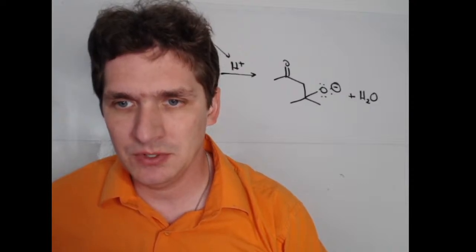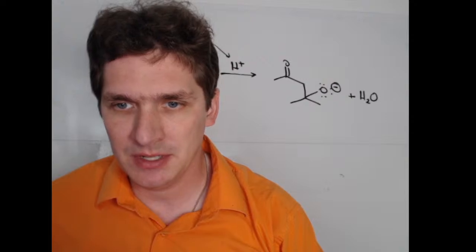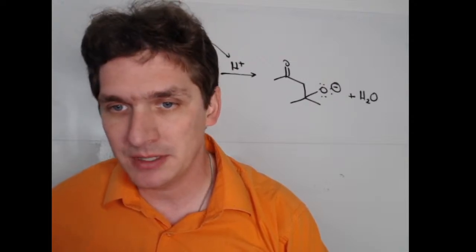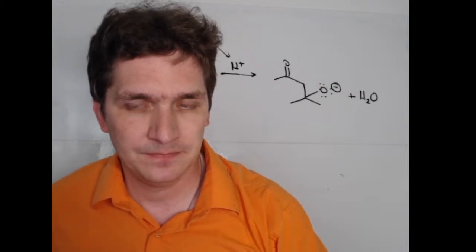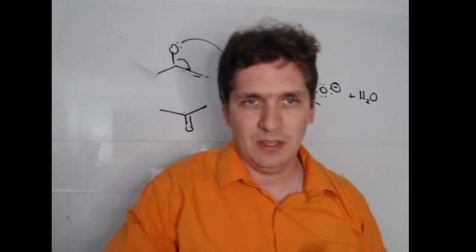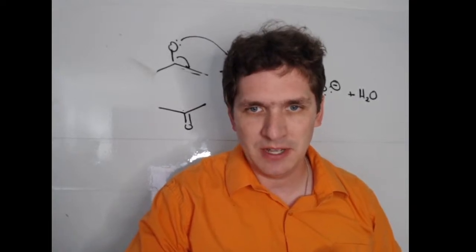Okay, I see your confusion because it says this requires an E2 mechanism. The alcohol is the majority product under basic conditions. Okay, I see your confusion. Give me a minute to figure out how to explain it.